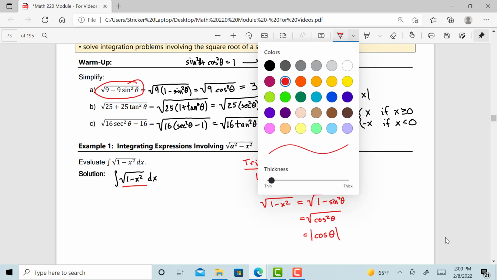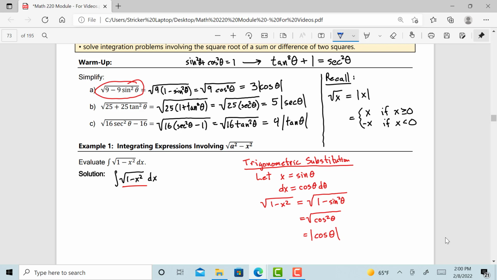So let's have a little bit bigger discussion about this now, okay? Without limits, this is an indefinite integral. Without limits, we don't know if cosine is positive or negative.